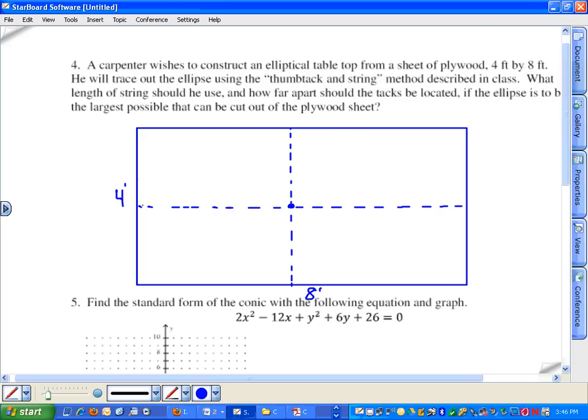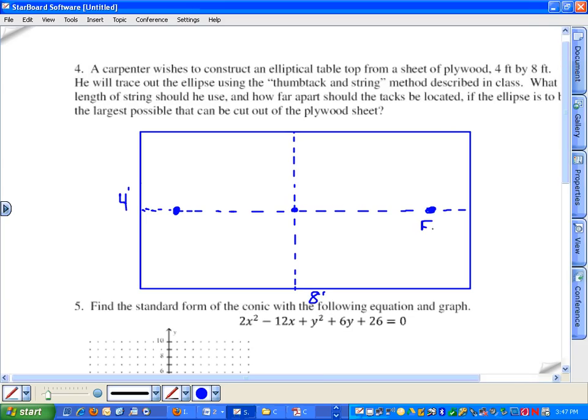What we need to figure out is where the tacks are going to be located, because the tacks are going to represent the foci of the ellipse. So we have the two foci, and you attach a length of string to the two foci on tacks. So we need to know the length of the string and how far apart the foci are, and that's what they're asking. What length of string should he use, and how far apart should the tacks be located?